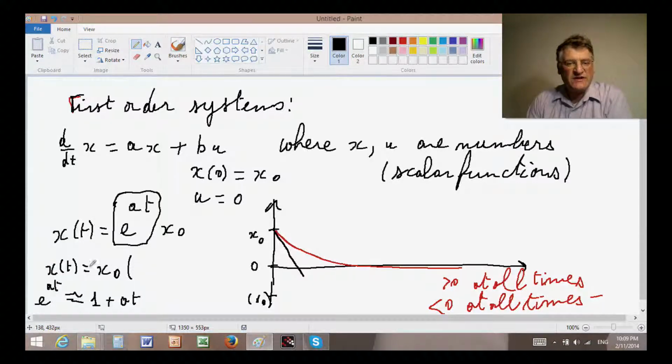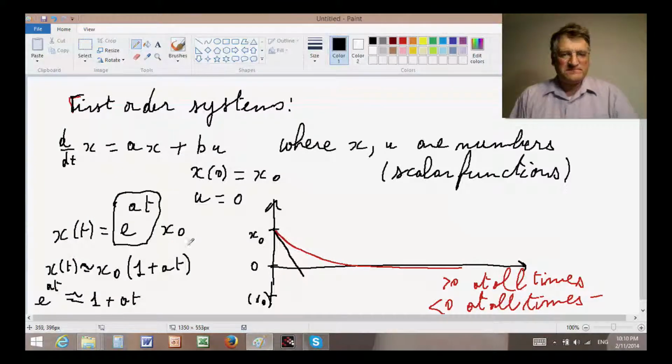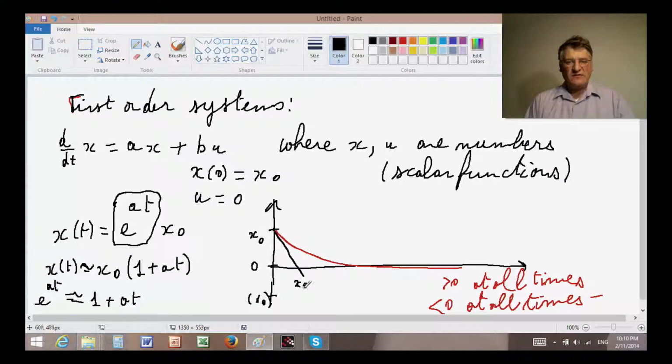So x(t) can be approximated as x0 times (1 plus at). So this is that expression, x0 times (1 plus at).